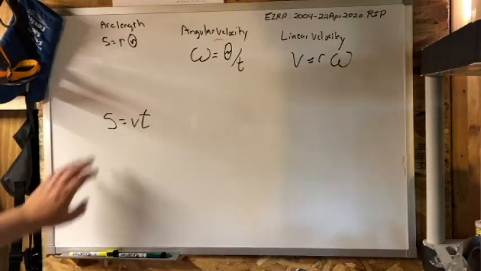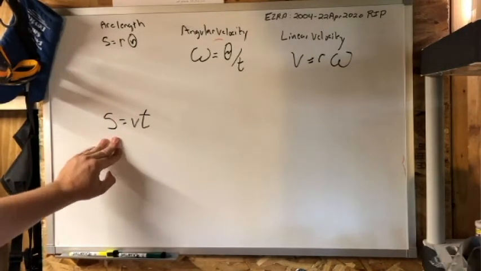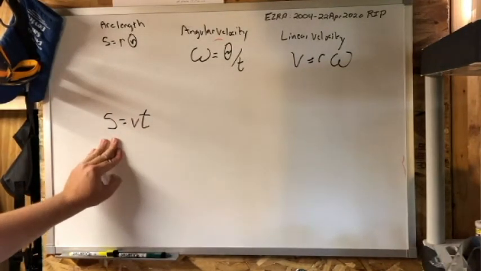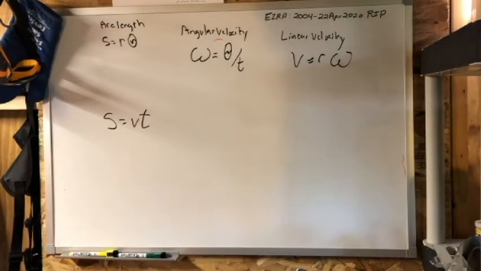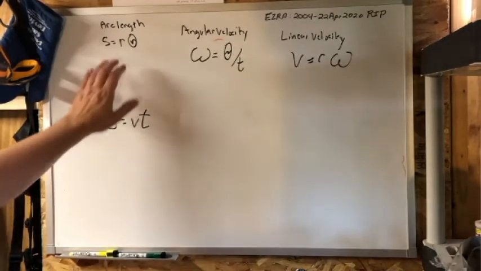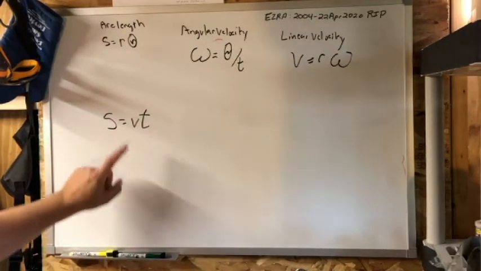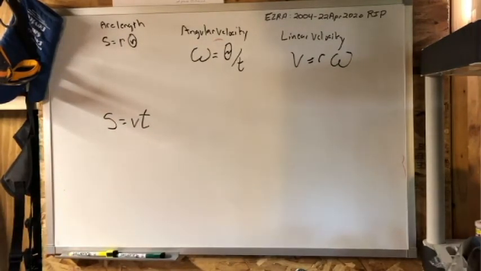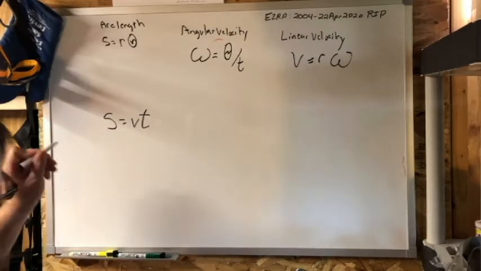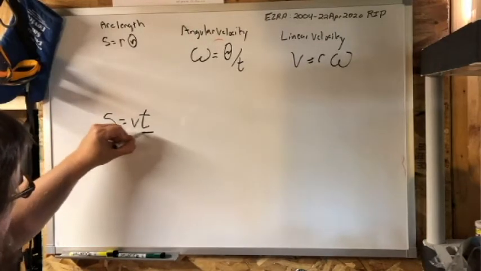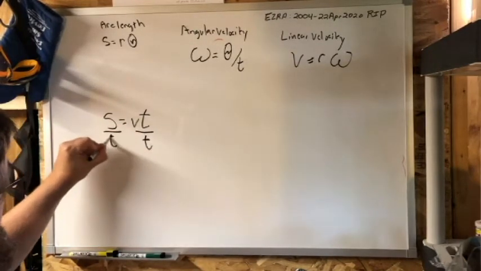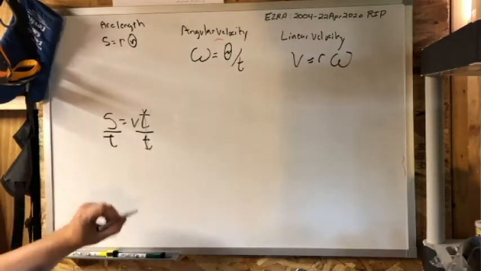So here's our original equation: distance equals rate times time. Translate it there, and you can see our arc length, angular velocity, linear velocity. So we solve for V. How do we solve for V? We divide by T, and those cancel.